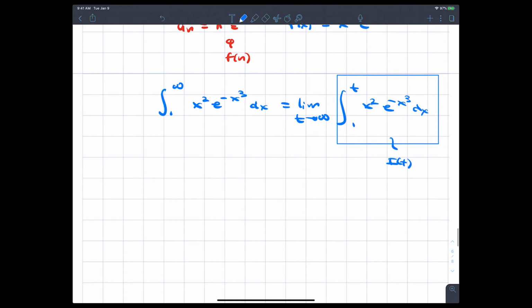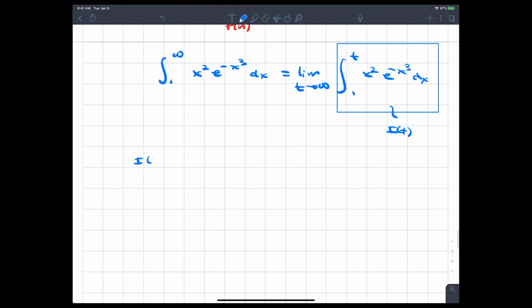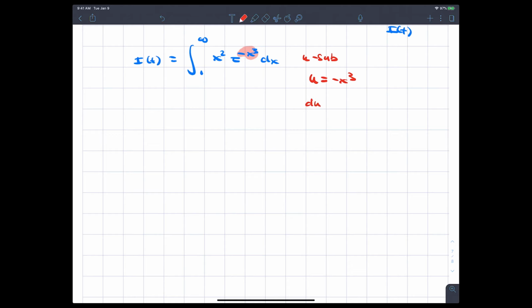And that's I of t. So when we integrate, again, you're going to notice we're going to use u sub, where u, ladies and gentlemen, is right here. It's minus x cubed. So u being minus x cubed gives us du dx is minus 3x squared, or we say that dx is du over minus 3x squared.